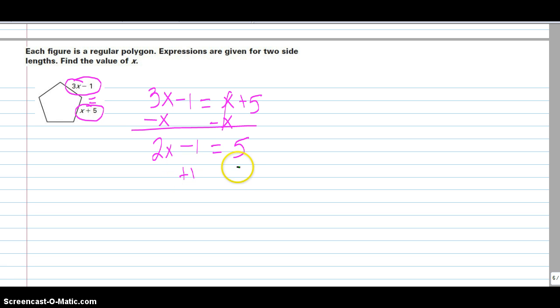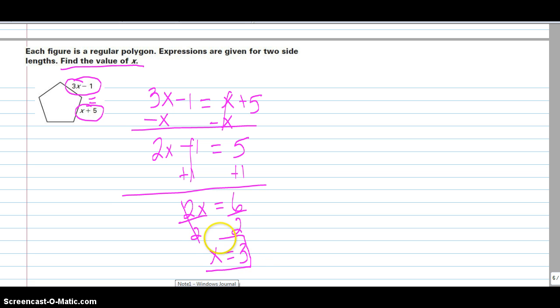You add it. 2x equals 5 plus 1 is 6. Divide by 2. And x is how much? 3. This only says find the value of x. Woohoo! Here it is, value of x. You are done with this question. X is 3.